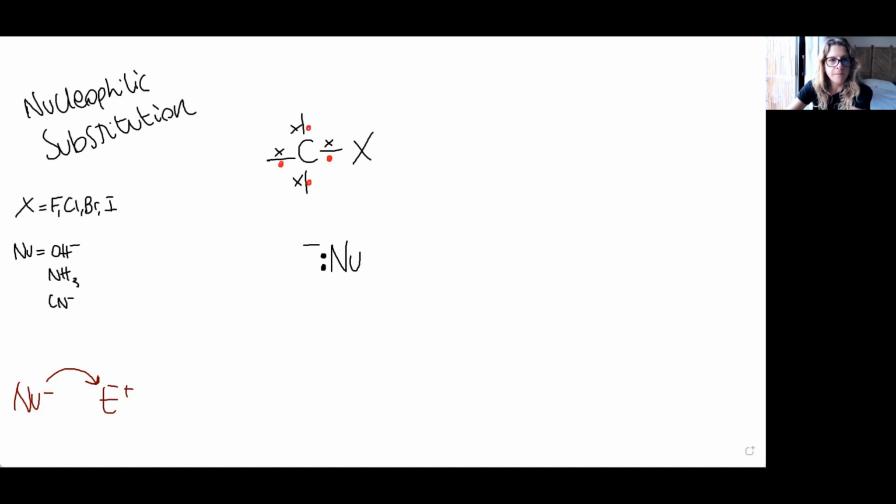So normally halogens are more electronegative than carbon, so there would be a negative dipole on them, which means that carbon will act as our electrophile, because with a positive dipole, it can be an electron pair acceptor or simply electron deficient. So the nucleophile will be attracted to it. That's what we know from the basics we've learned, right? So always the nucleophile attacks the electrophile.